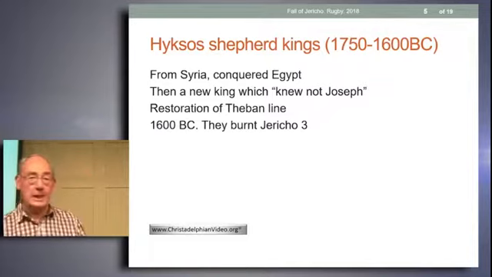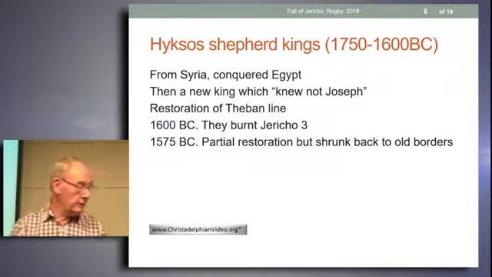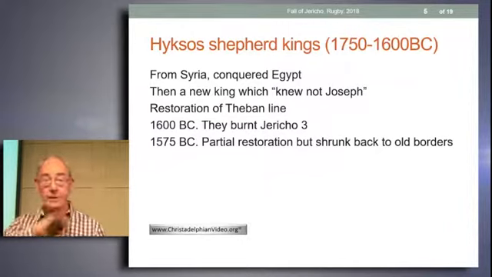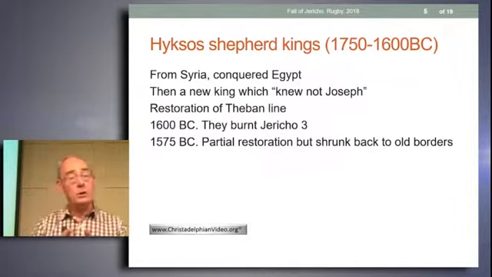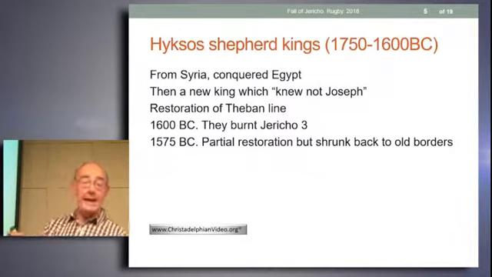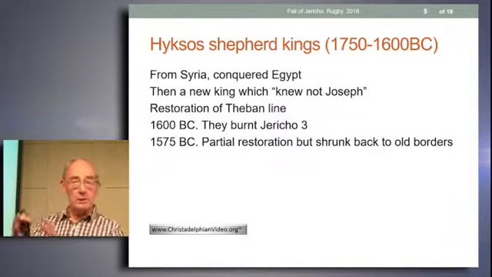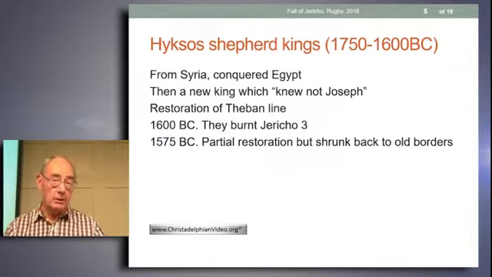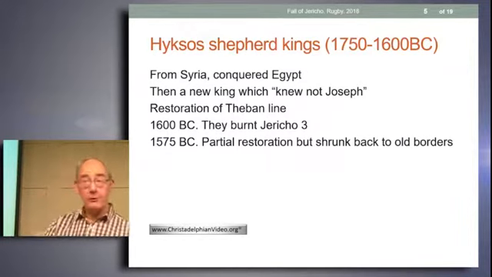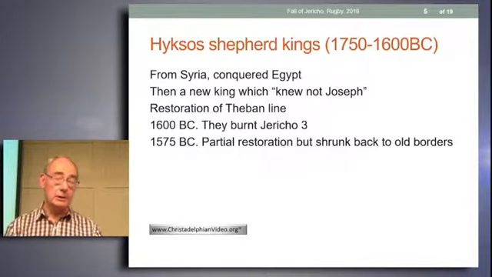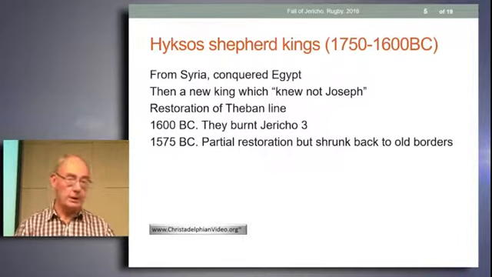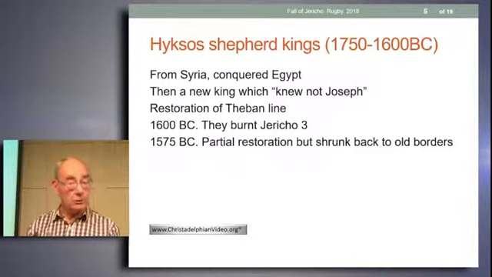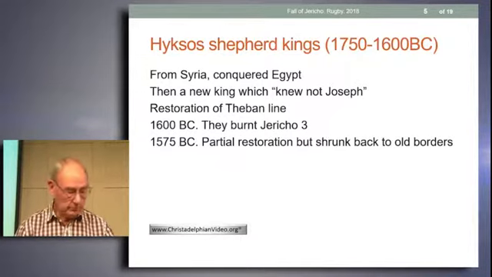However, 25 years later, BC 1575, it was partially restored by the Egyptians. And now, remember, at this time, the Egyptians actually conquered quite a lot of land to their east, right up what was then Canaan, Palestine or Israel, and further north than that. So the Egyptians were in control at that time, and so they had control of Jericho.